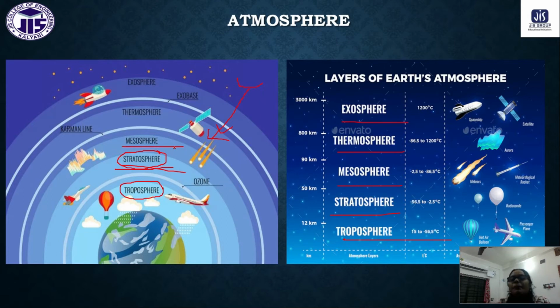Next we have the mesosphere. The stratosphere extends to 50 kilometers from sea level.